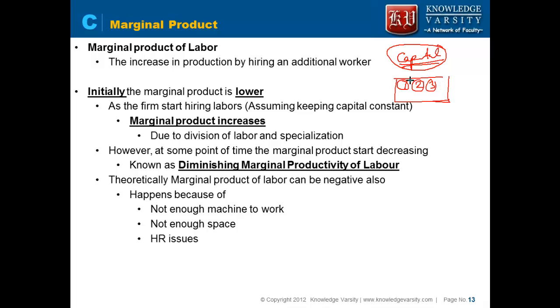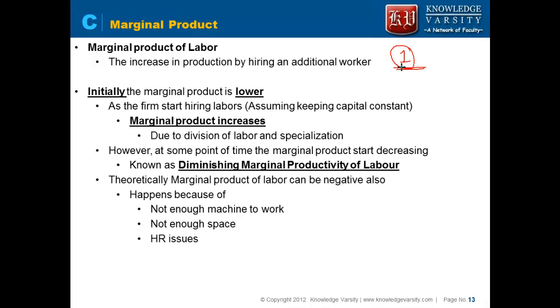Initially what happens? Think about it. Suppose a company where there is only one worker. This one worker does everything. He packages the product, he processes the product, he also does the marketing. He is the human resource, he is the security guard, everything.